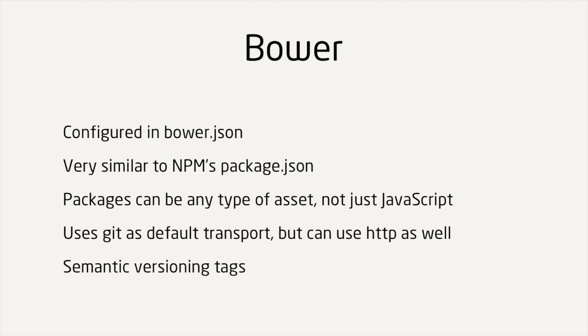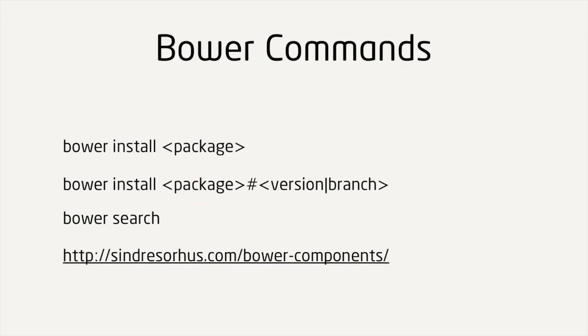Path, I don't know if they have that yet, but NPM has npm link, where it'll symlink your library globally on your system, and then you can include it in your app that way. I don't know if Bower has that yet. Sure. So Bower is pretty simple. You bower install a package name, and then you can also bower install a package with a pound version or branch or whatever.